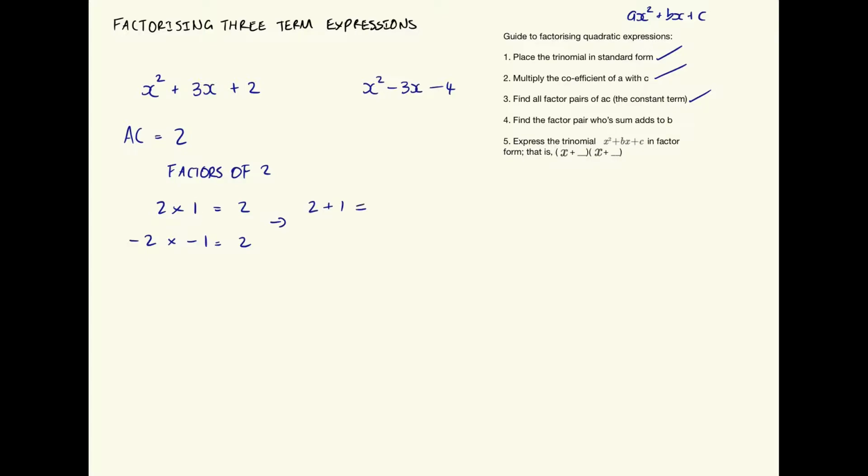Well, what does that equal? That equals 3. Let's just make sure that our second lot of factors don't add up to 3, otherwise we'll have a bit of a problem. So negative 2 plus negative 1 is just negative 3. And so which one out of the pairs adds up to positive 3? Well, it's the 2 and the 1, positive 2 and positive 1, because when you add them, they make 3. And that's the rule.